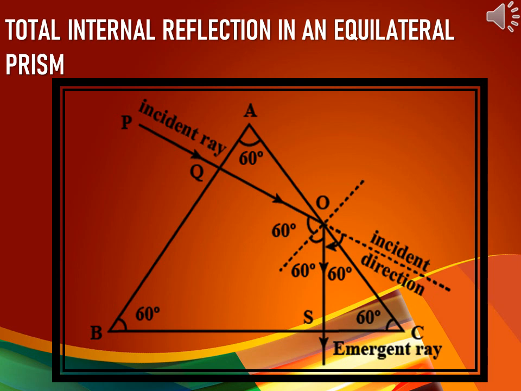The ray RS obtained after total internal reflection falls normally on the face BC of the prism, and so it passes out undeviated through the face BC. Thus, ST is the emergent ray. From the figure, it is clear that the incident ray PQ has turned through an angle of 60 degree towards the base from its initial direction, and it emerges out as ST.